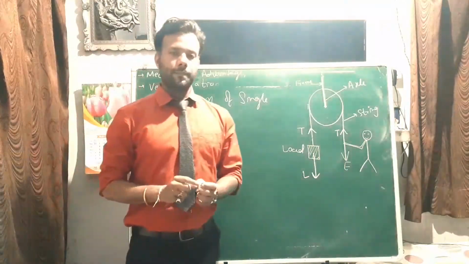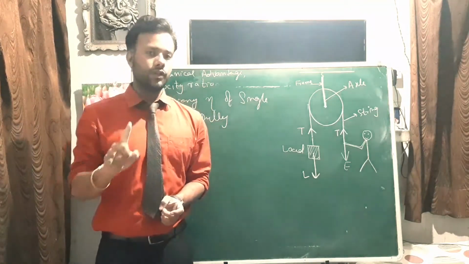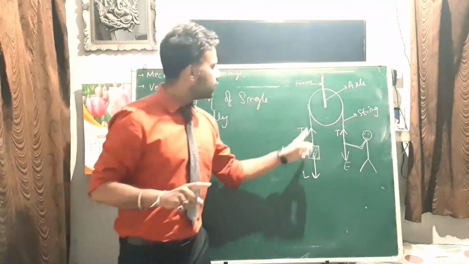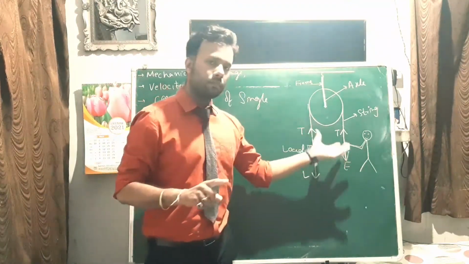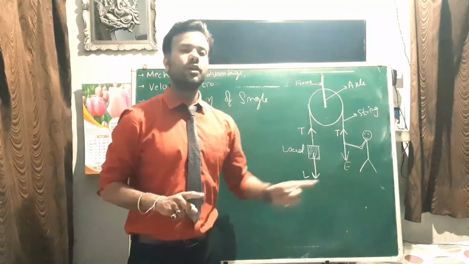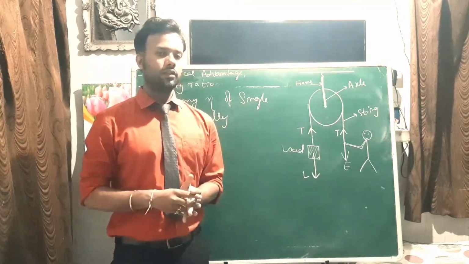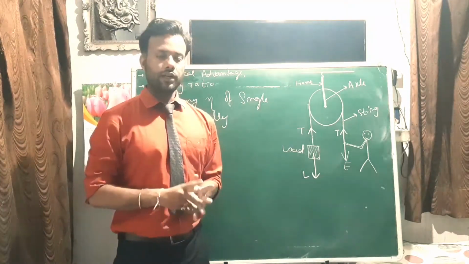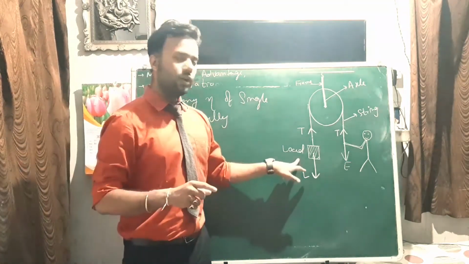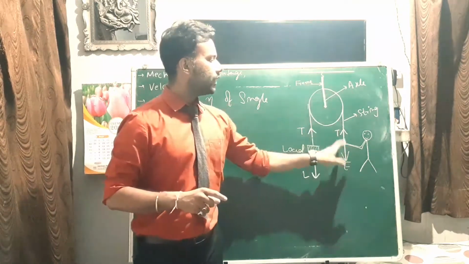Most important thing, if in a system we have a single string, like here you can see that the load and the effort we are applying are on the same string. The string is common. There are no two strings, right? Again, what I'm saying is that the load is connected to the common string on which we are applying the effort.